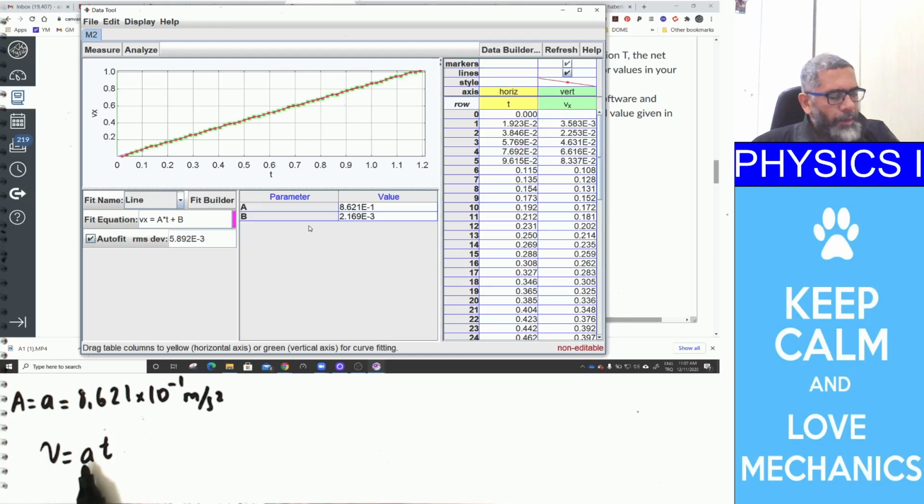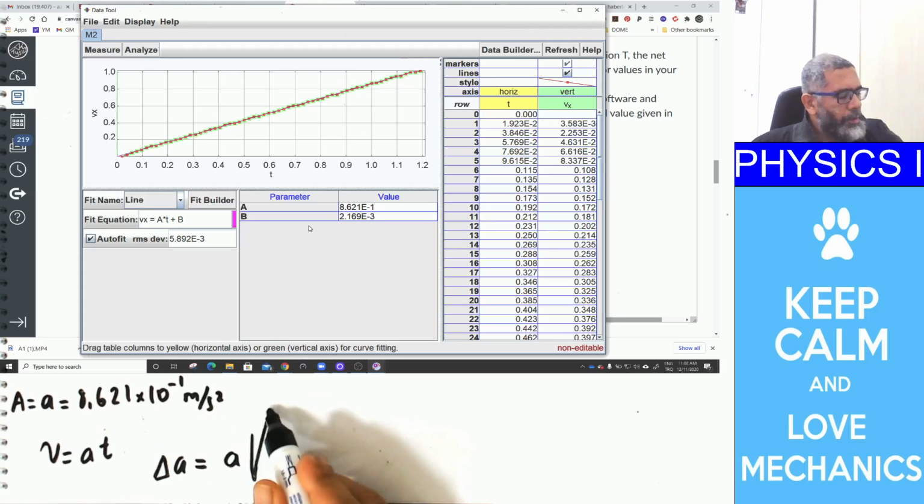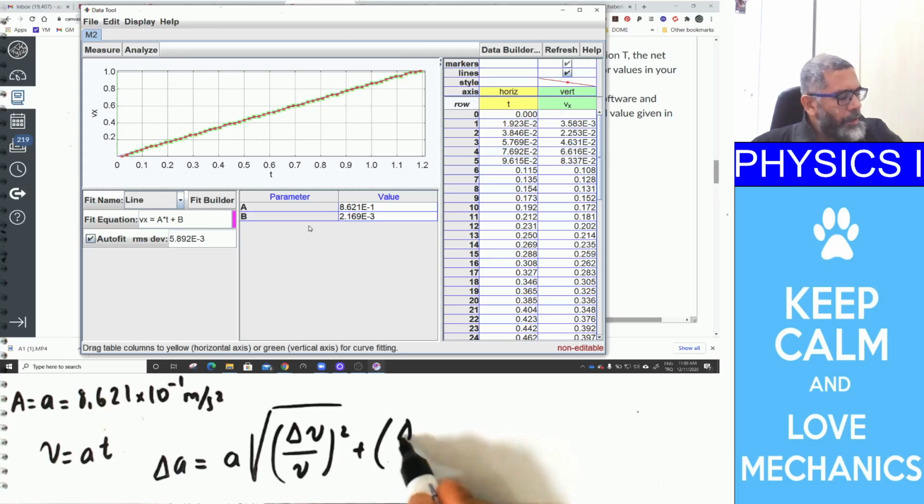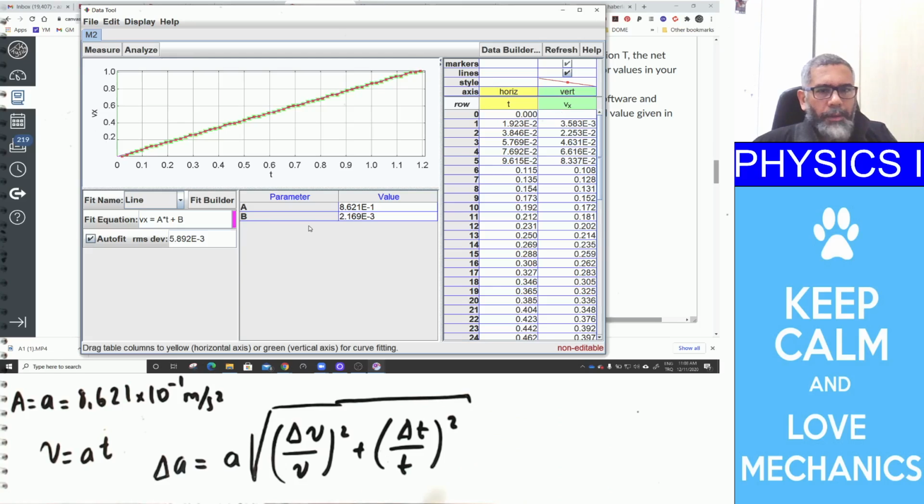If you want to find the uncertainty in the acceleration, you just use this equation: delta A is A, which is this calculated value, multiplied by the square root of (delta V divided by V) squared plus (delta T divided by T) squared. This is the formula to calculate delta A. And A, as I said, is just this A parameter. This value you will put over here.